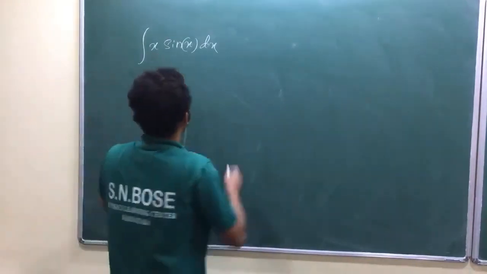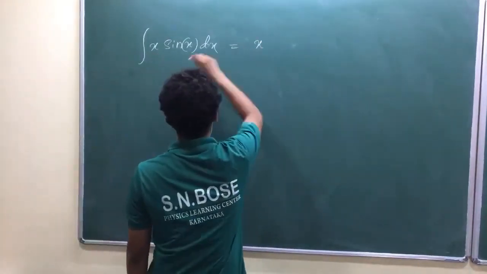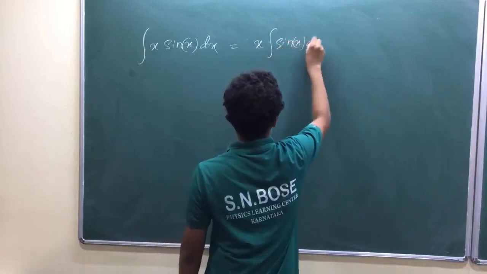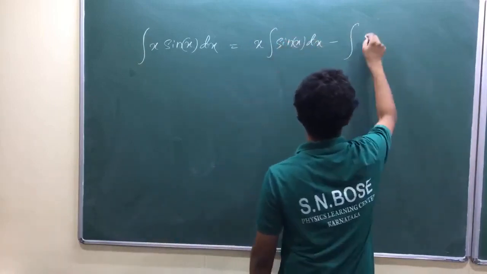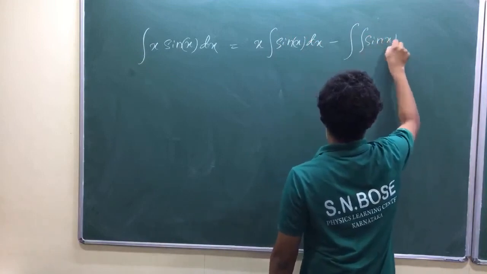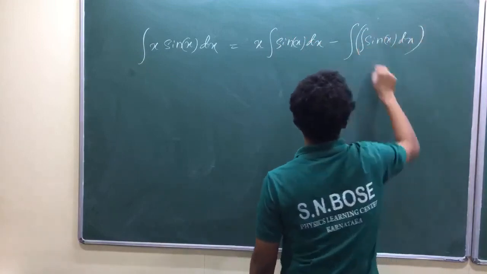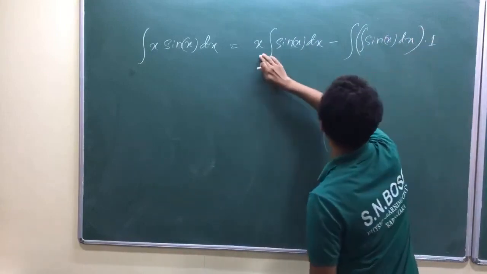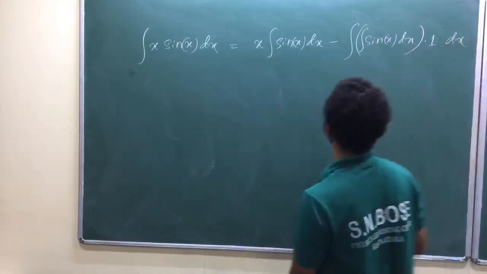So let me choose this one as first function. First function into integration of second function sin x dx, minus integration of second function sin x dx into differentiation of first function, that is 1, into dx, isn't it?